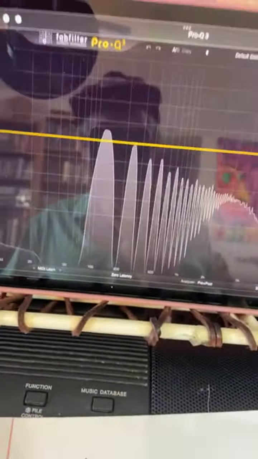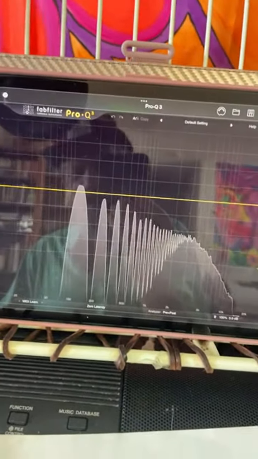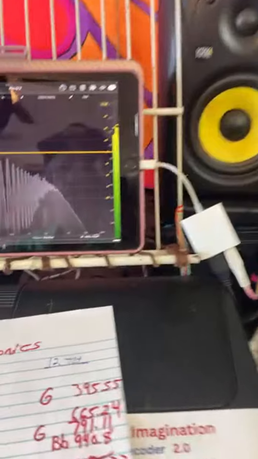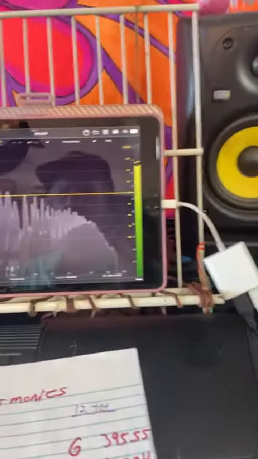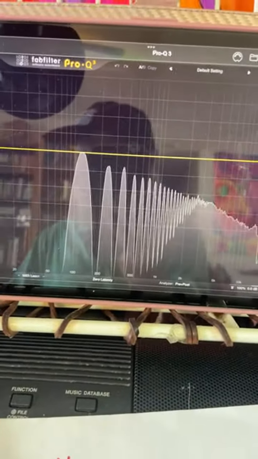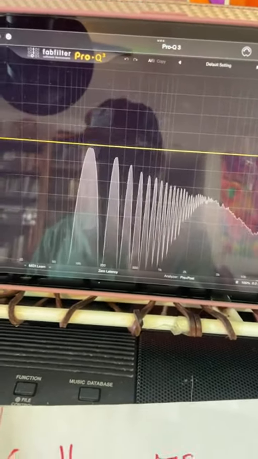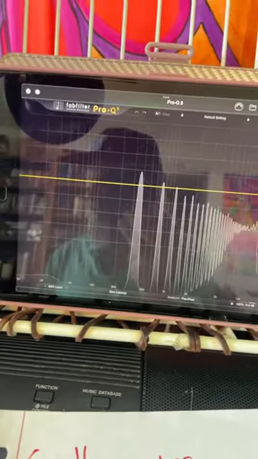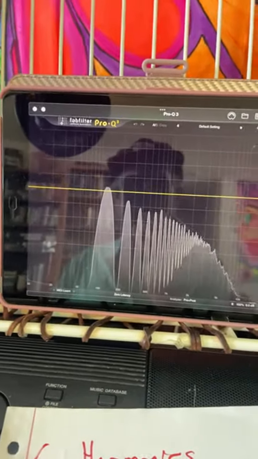So this first hump is 132, the next one's 264, the next one is 396. And I am playing a C, and what's going to happen is I'm going to play a G. All right, here. I'm going to go back to the C. So I want you to watch the third hump. The third hump. All right, notice how that new hump comes up in the exact space where that was.